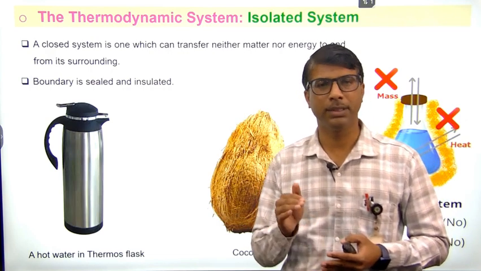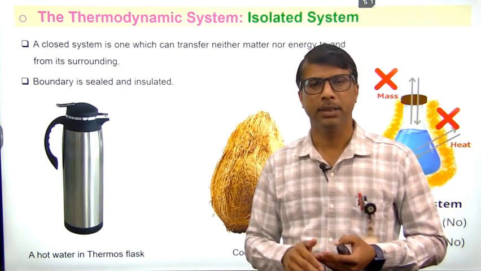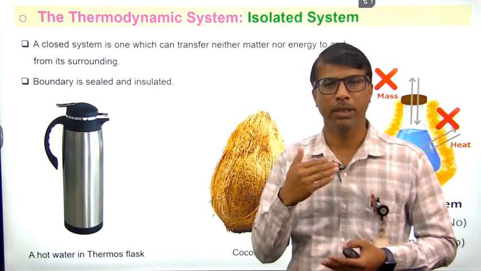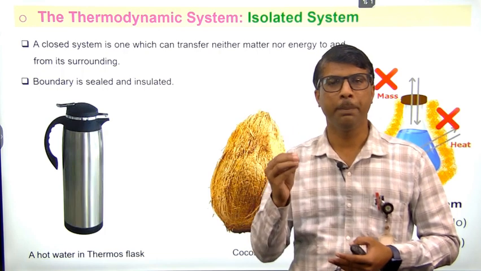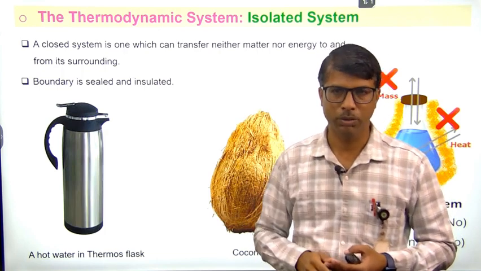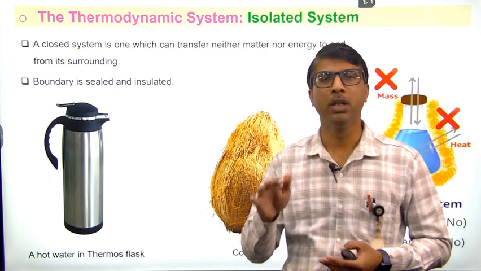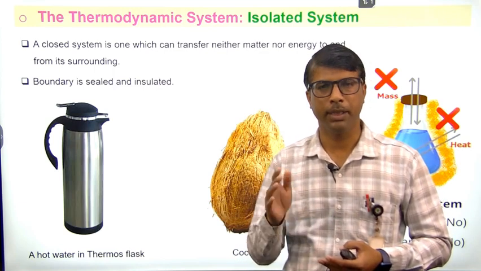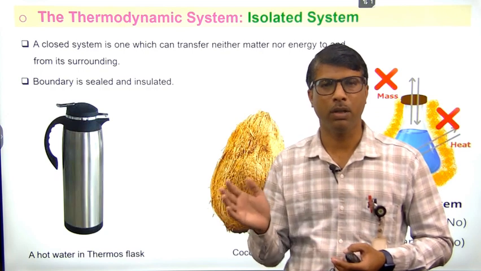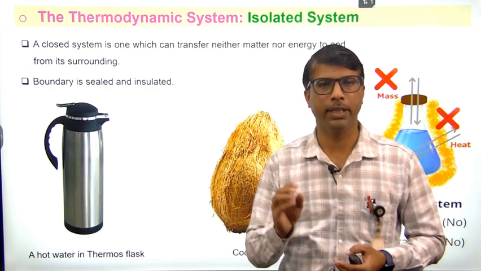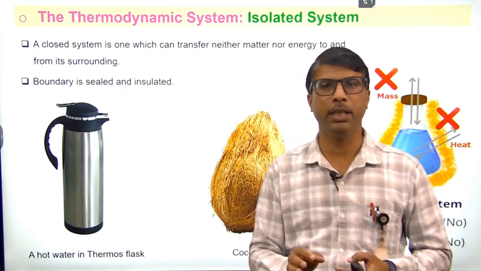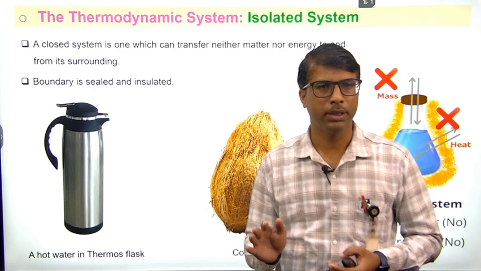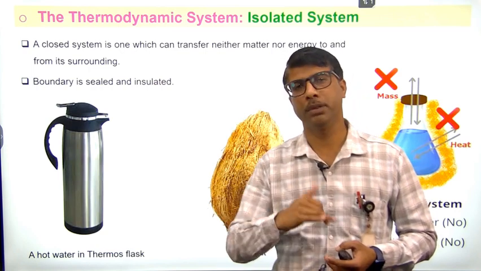Because of the sealed boundary, and it is also well insulated, we get normal temperature coconut water. So in this case also, there is no possibility of exchanging energy and matter with the surrounding. In both cases, the boundary is sealed and insulated. Because of that, neither matter nor energy is exchanged to or from the surrounding.